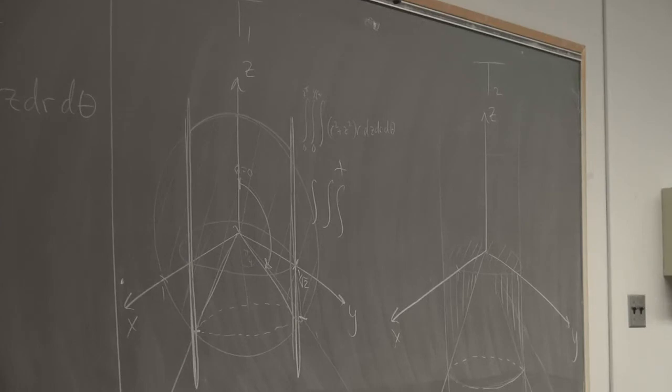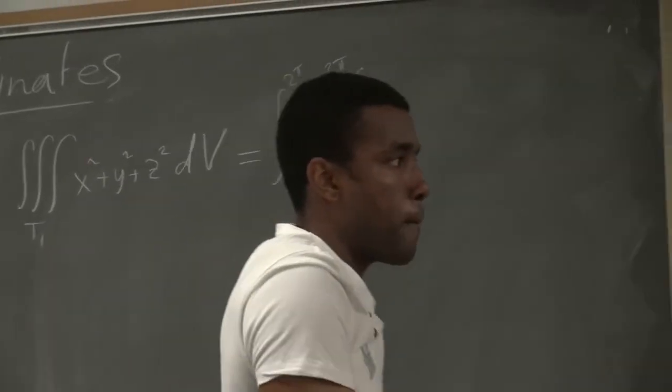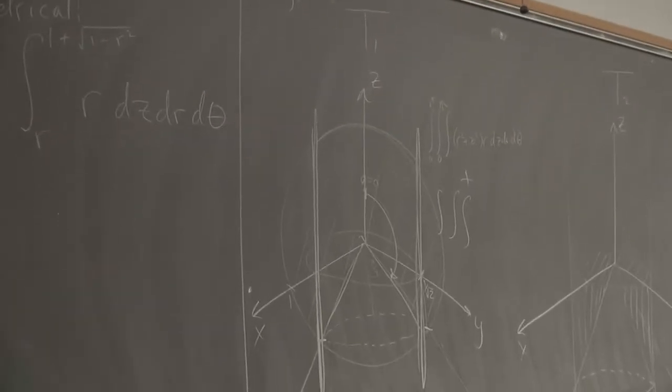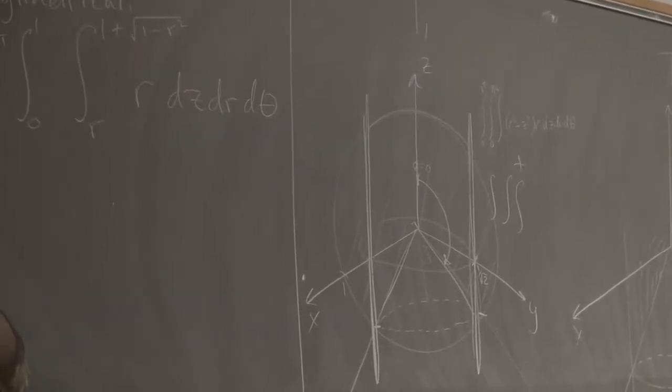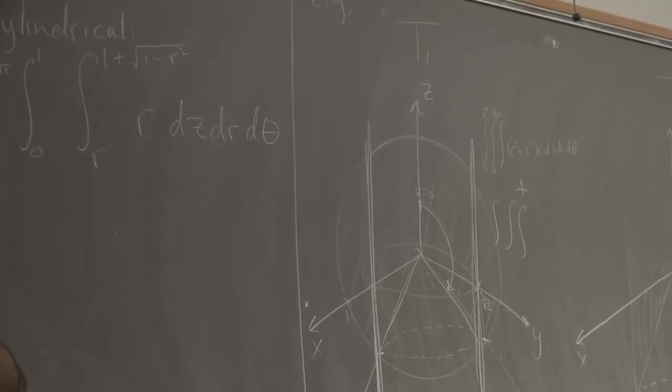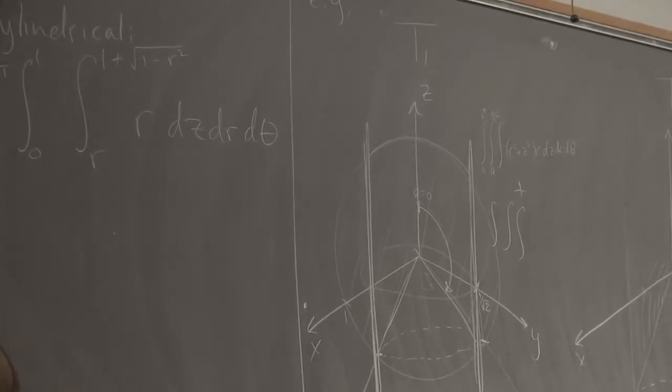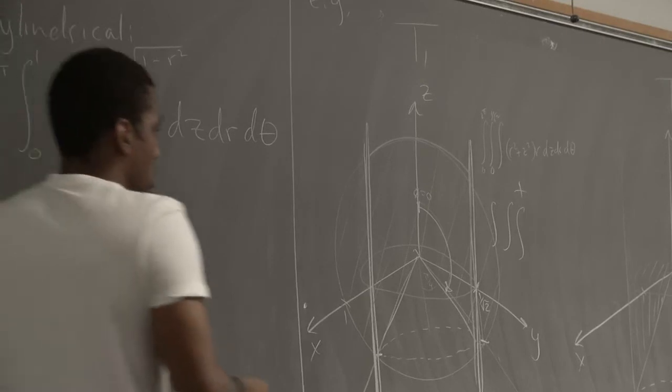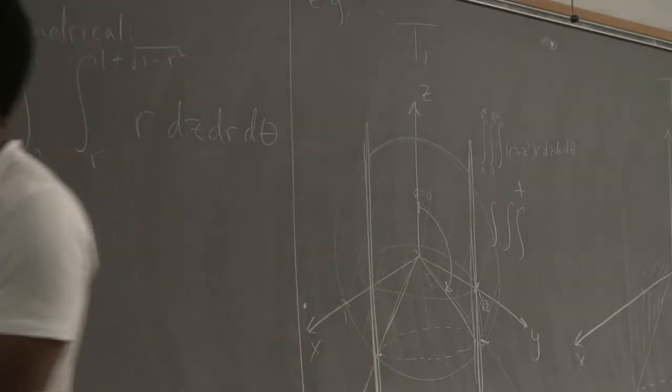So your theta is 0 to 2 pi, phi is 0 to 3 pi over 4, and what's your rho? 0 to 1, the distance to the sphere. Yeah.